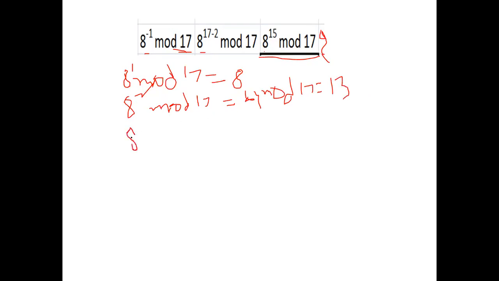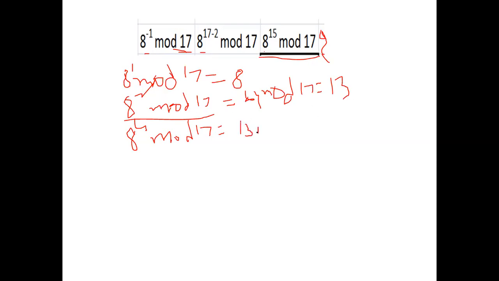Then calculate 8 to the power of 4 mod 17. Since it is 8 to the power of 4, we have the 8 square mod 17, so that's why we take the square of this result.